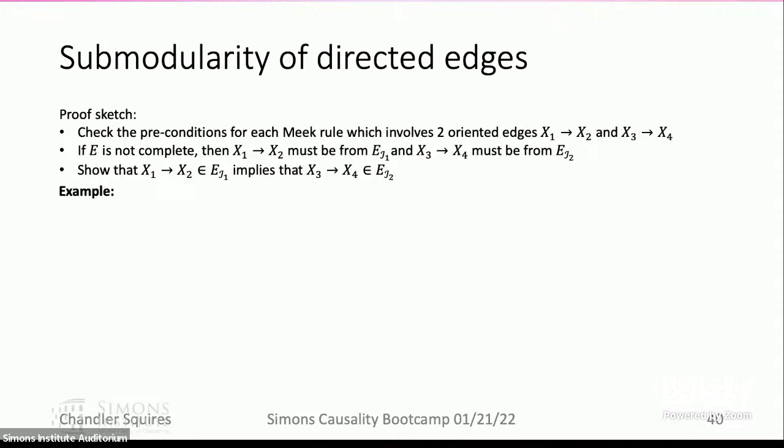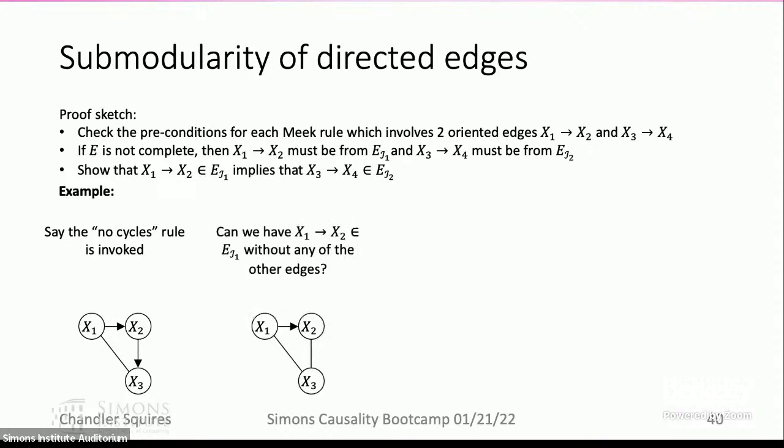To demonstrate more specifically, say that we were to invoke this meek rule that tells us to avoid cycles. So we have x1 to x2 and then x2 to x3. We can't make a cycle here, so we would be invoking it and directing x1 to x3. So we check, all right, maybe this edge is from the first set of edges that we learned, and this edge is from the second set.